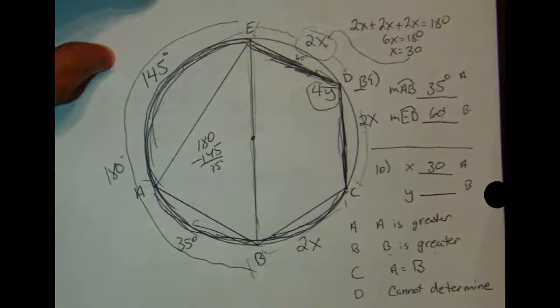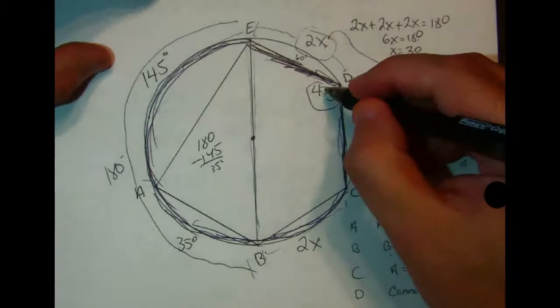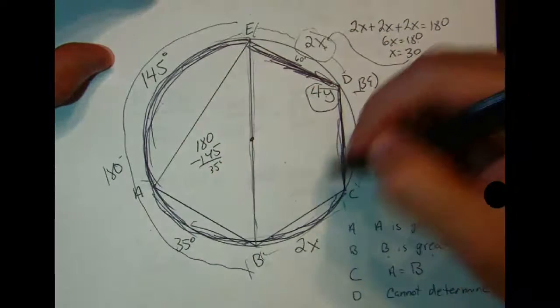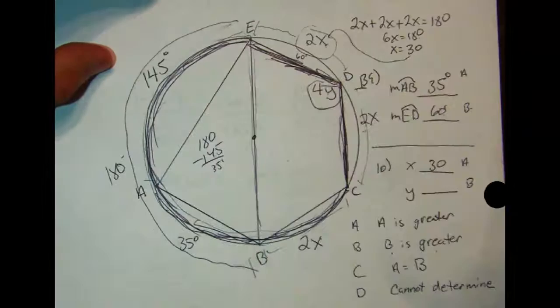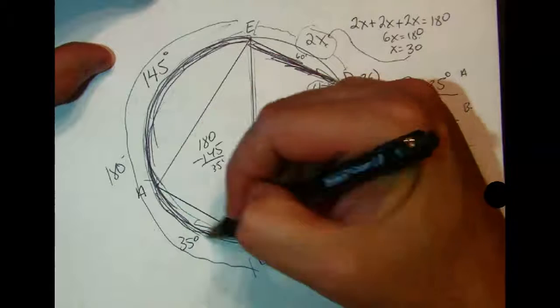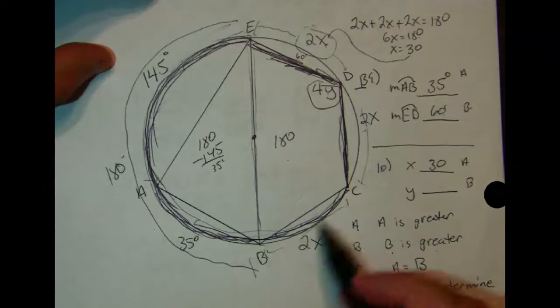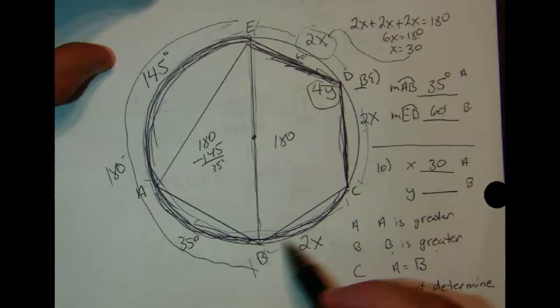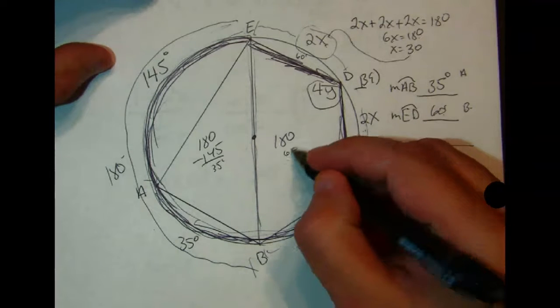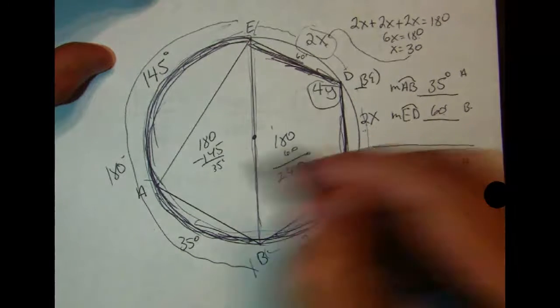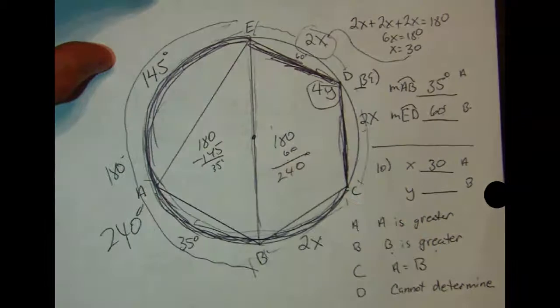Now, if you remember in my video lesson, 2 times the angle is equal to the arc. Well, we know from here to here is 180 degrees, and from here to here is 2 times 30, which is 60 degrees. So if you add those up, you get 240 degrees.